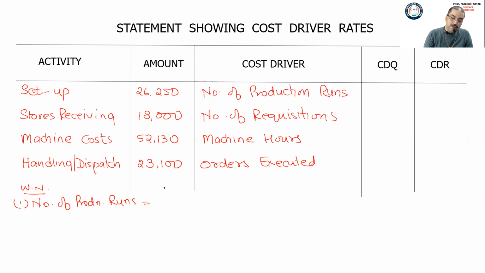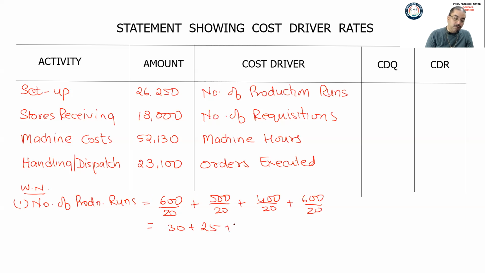So for the first product, 600 divided by 20; second, 500 divided by 20; third, 400 divided by 20; and fourth, 600 divided by 20. So I will get 30 plus 25 plus 20 plus 30, which is 105.